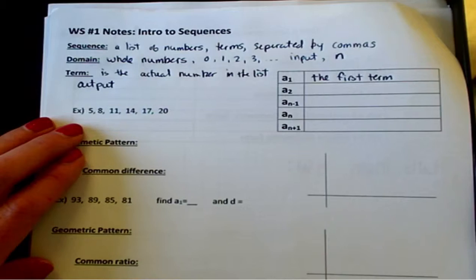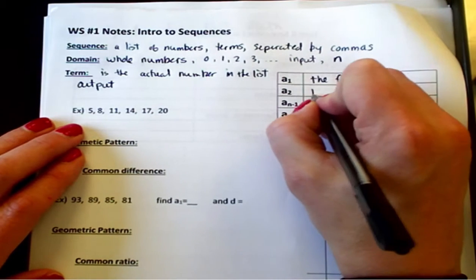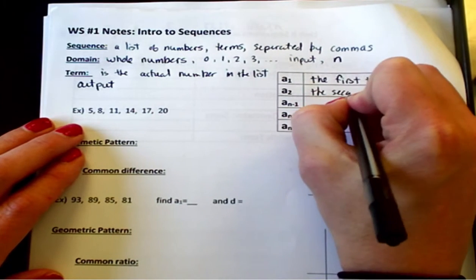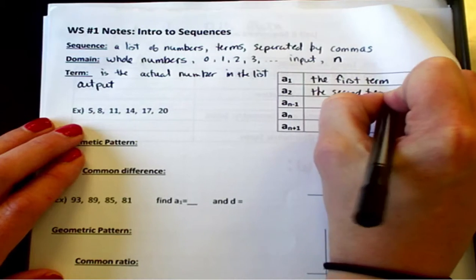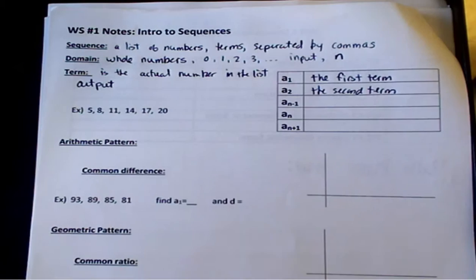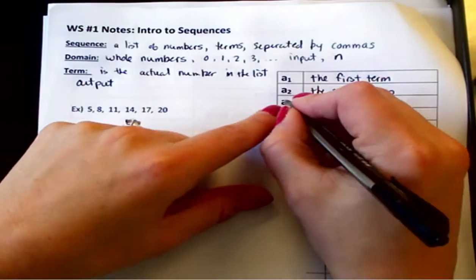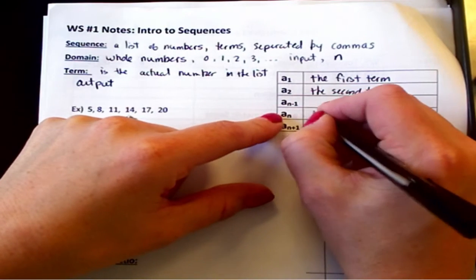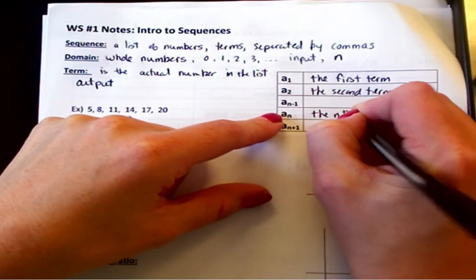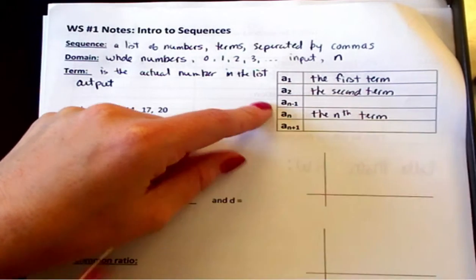The term is the output. A sub 2 is the second term. Notice where the input is. The input is the subscript. A sub n, both pieces together, is the output. A sub n, the nth term.